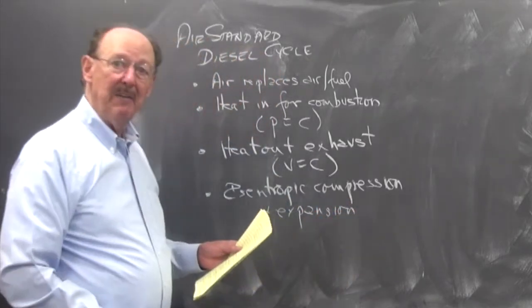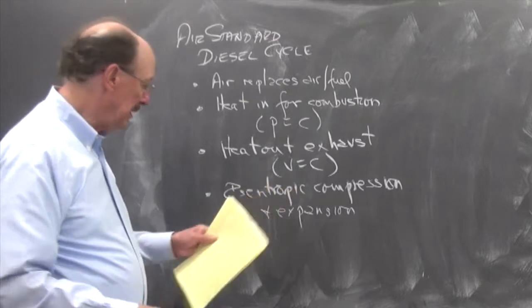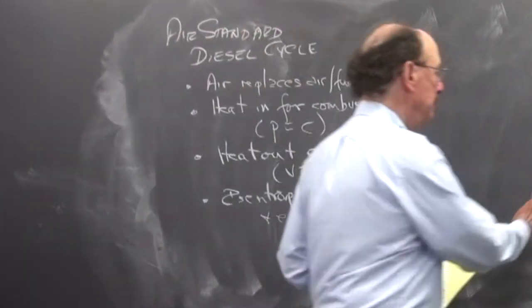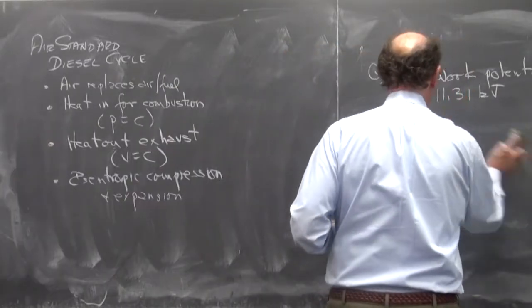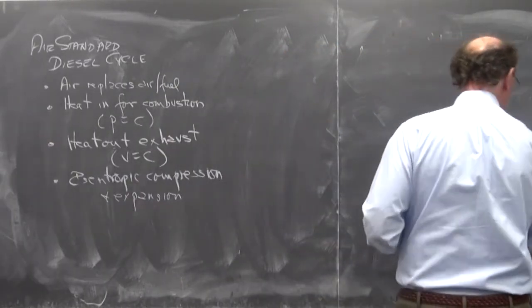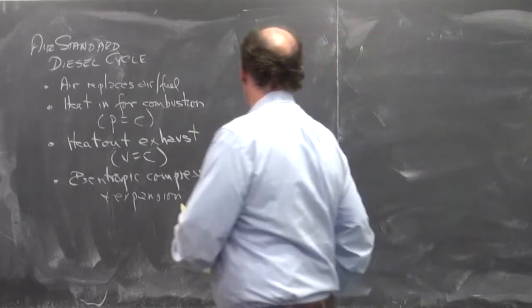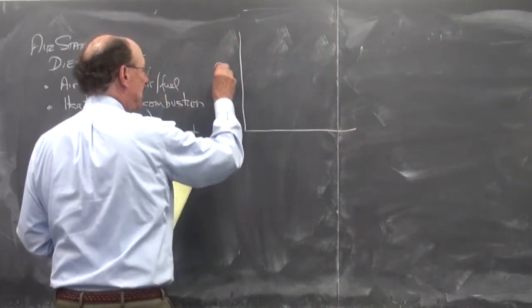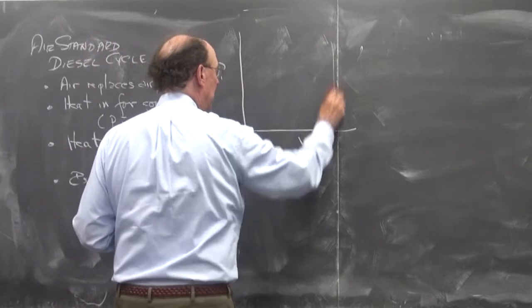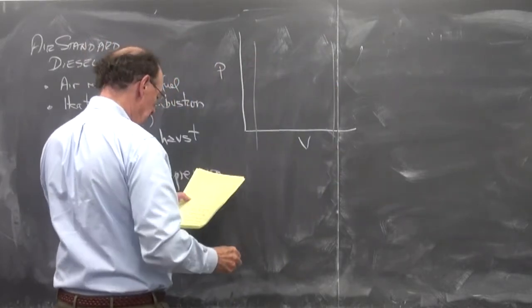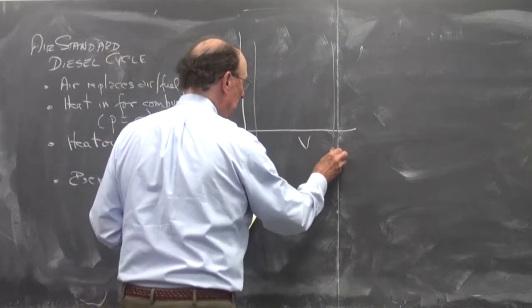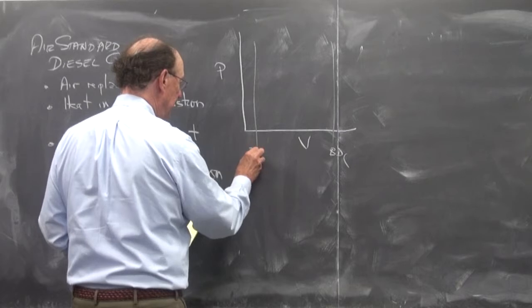So now let's draw the air standard diesel cycle and see what it looks like. And then we'll do a problem with this. Let me draw it and then I'll talk about it. If I look at this on a PV diagram, I'm going to start at bottom dead center, top dead center.